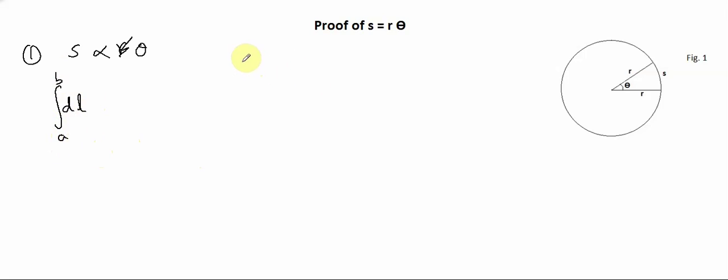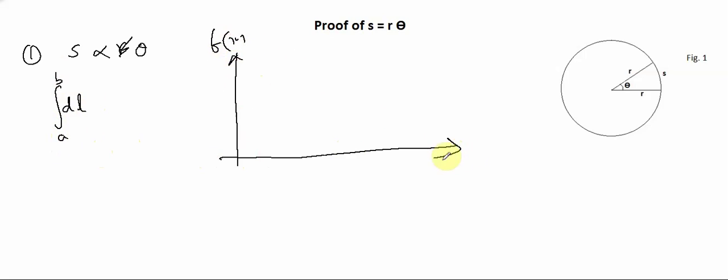Alright, so consider you have a random function. Now I want the arc length, the length of the curve between point A and point B, for example.